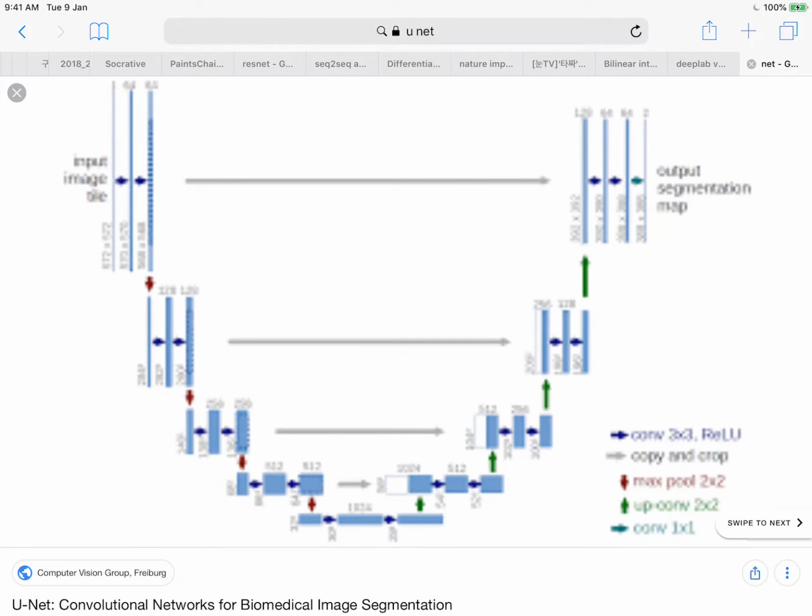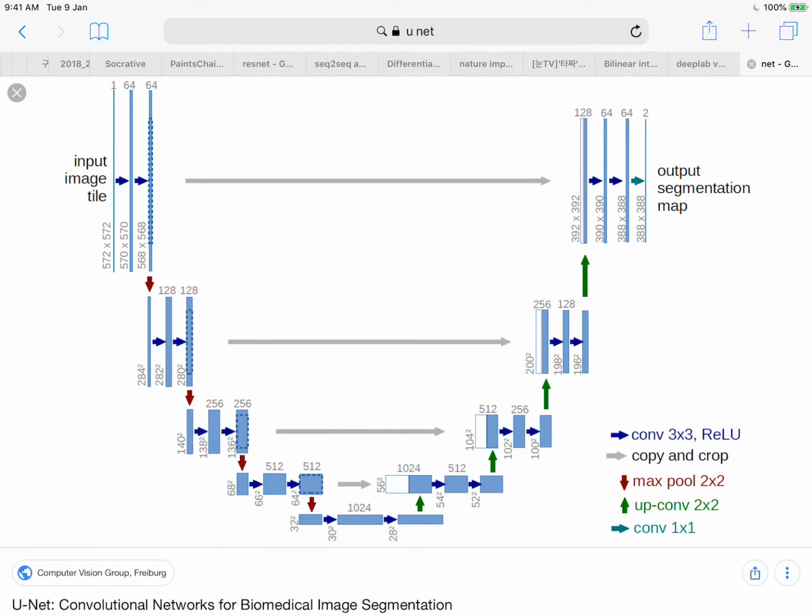So the name UNet comes from this kind of architecture, because it has a U shape, right? So in this case, it is actually an encoder-decoder architecture, right? But we basically have the residual connection over here, okay?